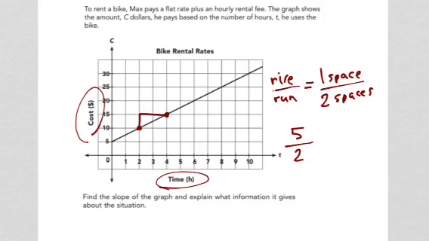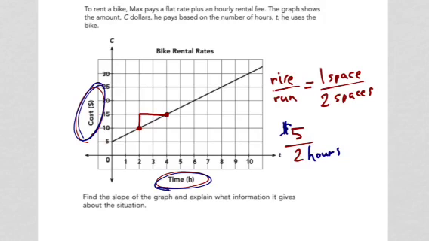All right, now the second part of that says, what does that actually tell us about the graph? Well, let's put those symbols in now. That 5, that was from the y-axis. That was our rise. That was cost in dollars. Let's put the dollar sign in. And then the bottom number, the 2, we went right 2 spaces. That was all about time in hours. So let's put the word hours in. Now we have an actual word answer.